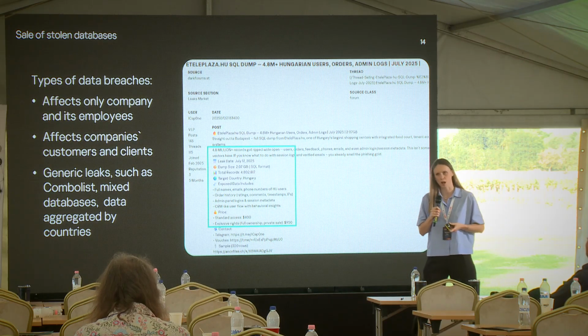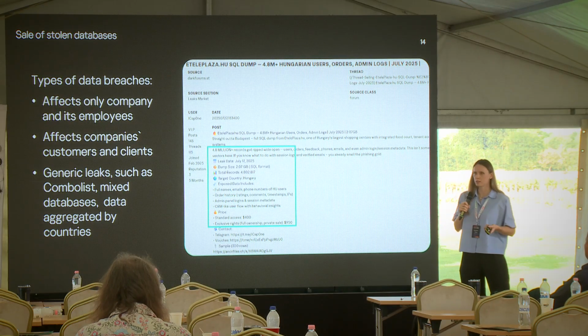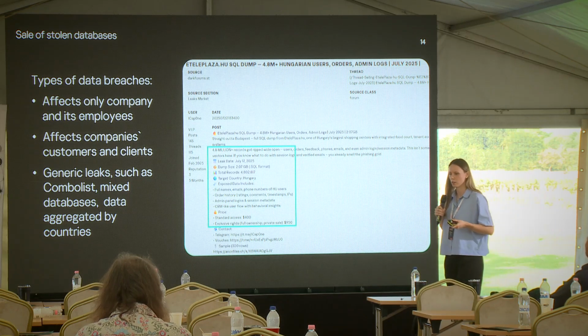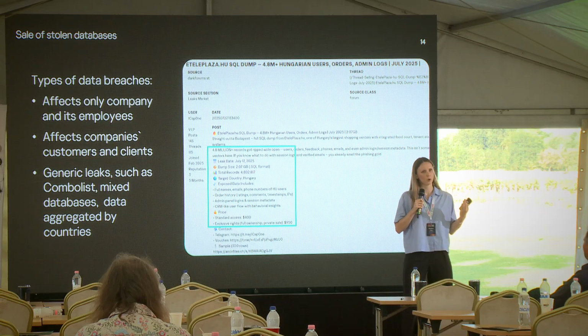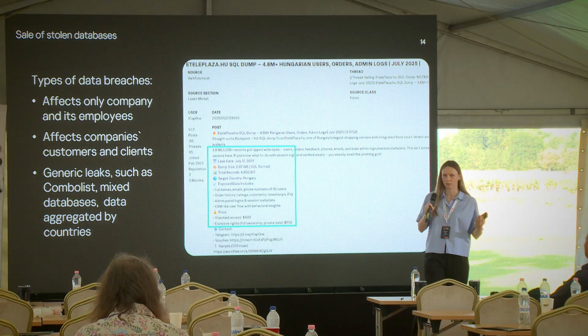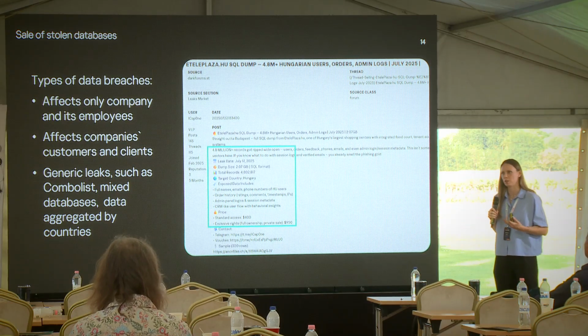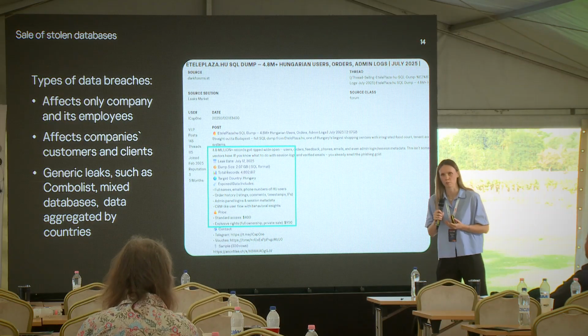The second type of breach may affect customers and clients, and here is the thing to verify, because sometimes it's a real leakage from an internal system, or it can be just parsed information from public resources if there was misconfiguration on their public-facing applications.